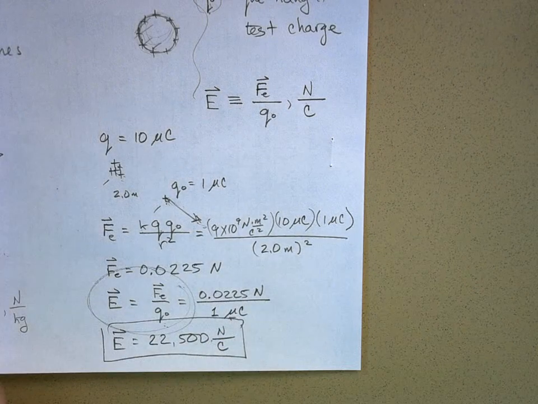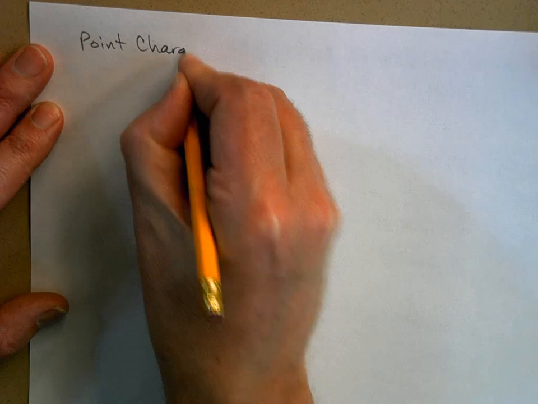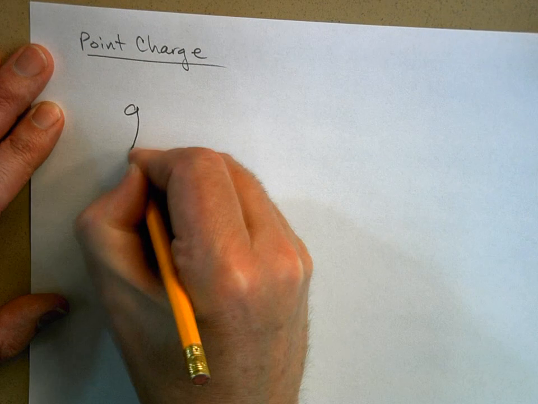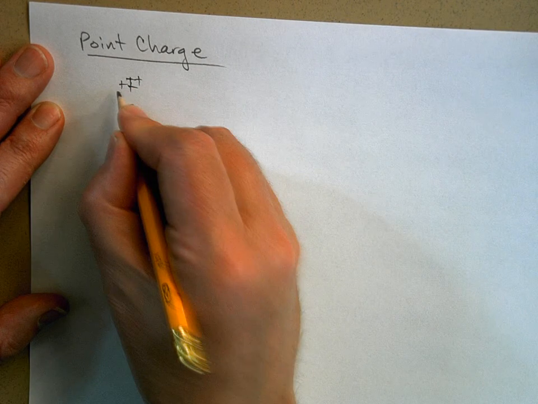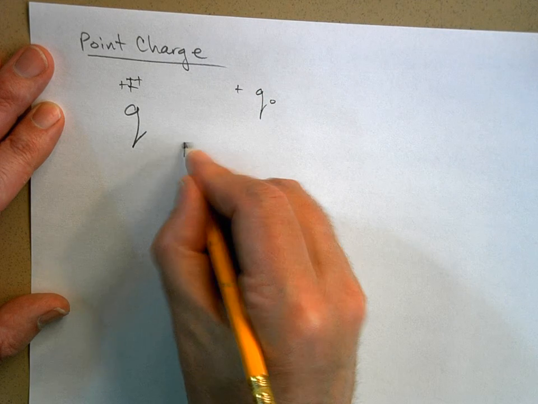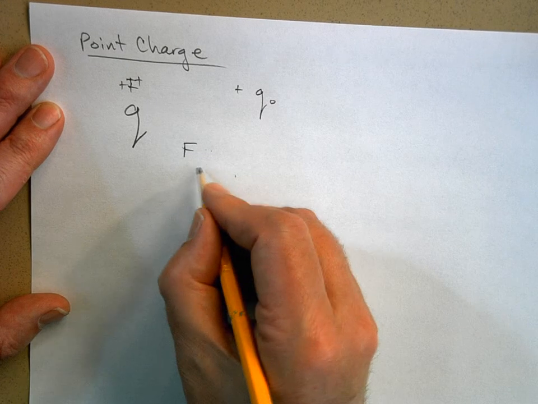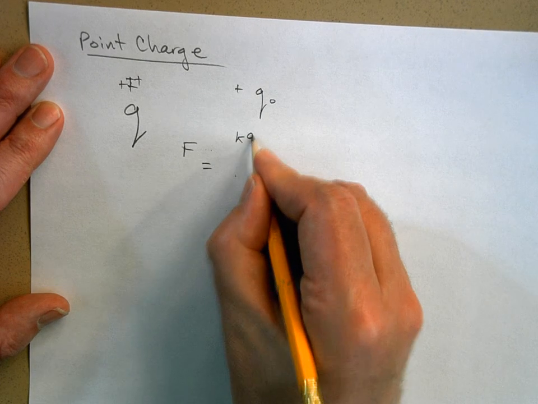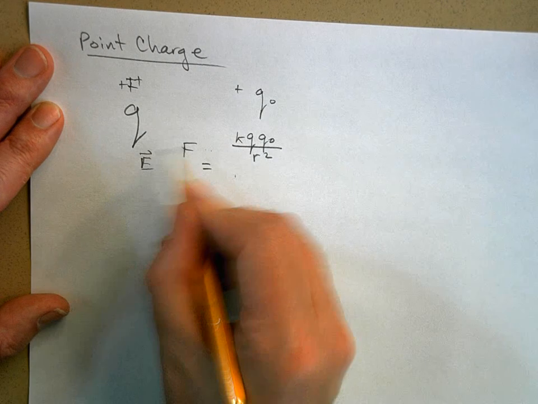Now here I worked a concrete problem, but really, for a point charge, if I have Q right here, and I have Q naught over here, I can say the electric force is equal to KQ Q naught over R squared, but I want the electric field.